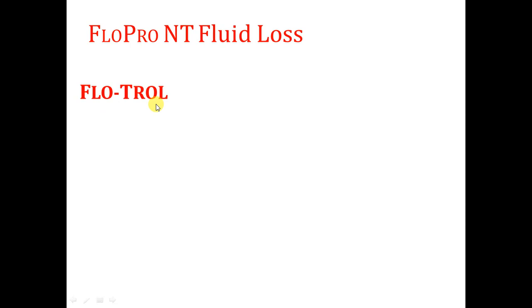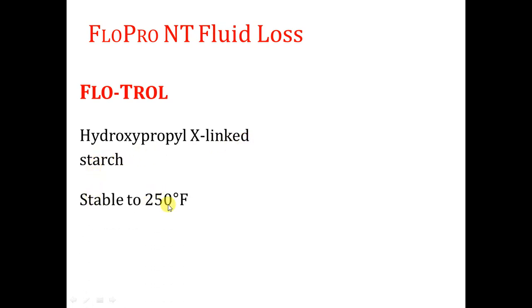It can be used with high calcium environment, and can also be used with high thermal stability. So the Floetrol is a very good chemical. It's hydroxypropyl cross-linked starch. It's stable up to 250 Fahrenheit. As I told you, its thermal stability is very high.